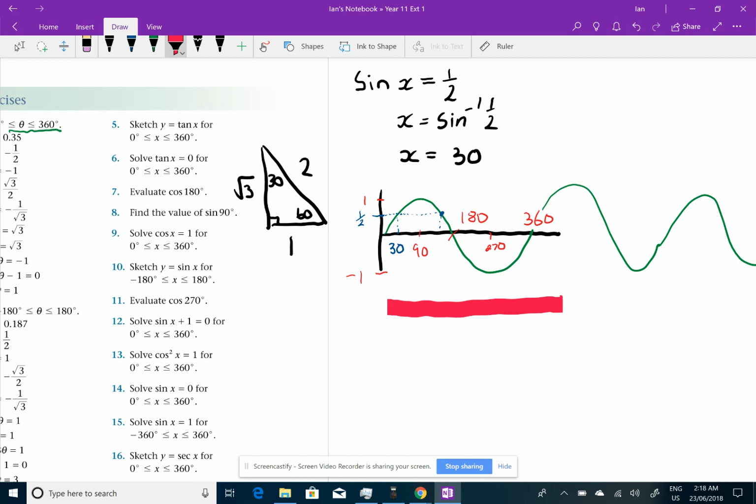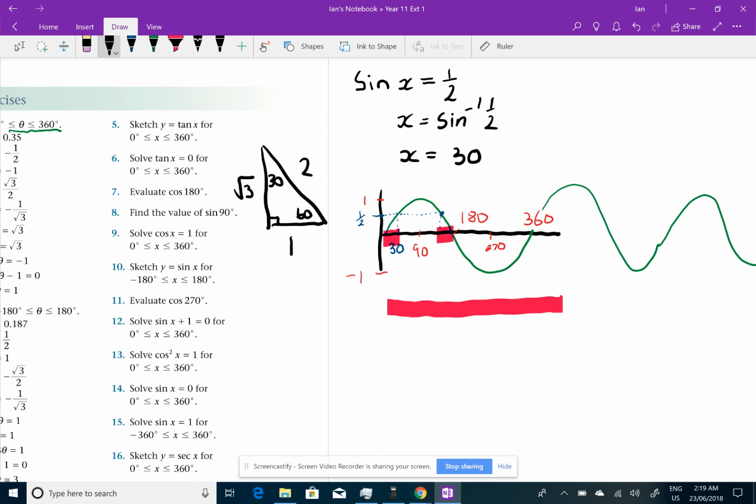One we've already got, which is the acute angle. And the other one, well, how do we work it out? Well, we're very lucky in the fact that the sine curve is symmetrical, which means from here to here is the same distance as from here to here. So from 0 to 30 means I just have to go 180 back 30.